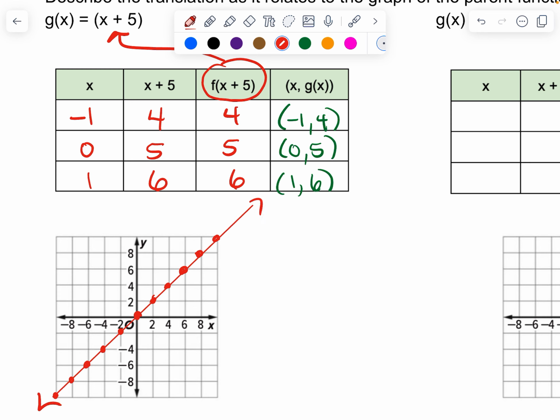Like this. And this, we're going to go -1. I don't know why they teach it this way, but they do. 0, 5. 1, 6. I really don't know why they taught it this way.